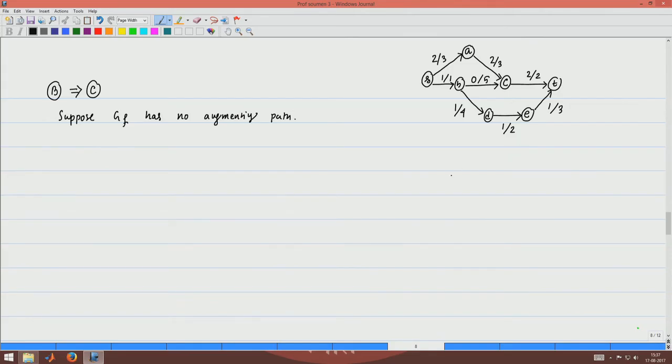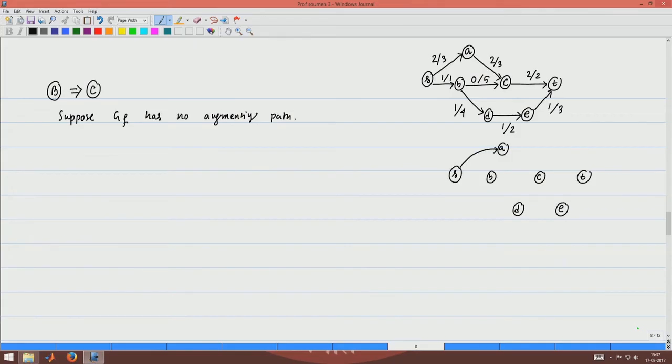Now, let me also draw the residual network for this one. S, A, B, C, T, D and E are the vertices of the residual network.